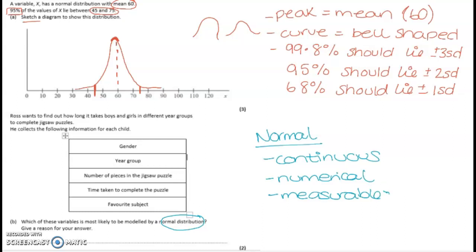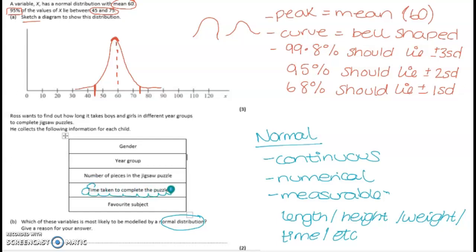Examples of this would be length, height, weight, time, etc. Out of those options in the table, the only one that will give me continuous, numerical, measurable data is the time taken to complete the puzzle.